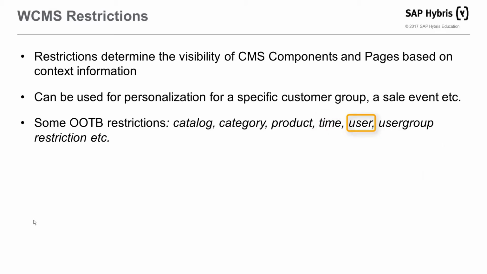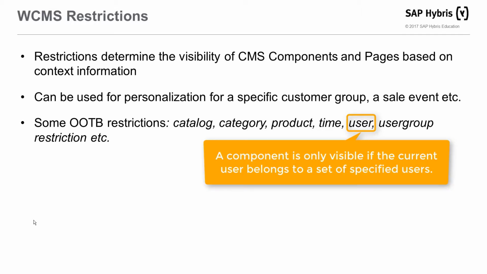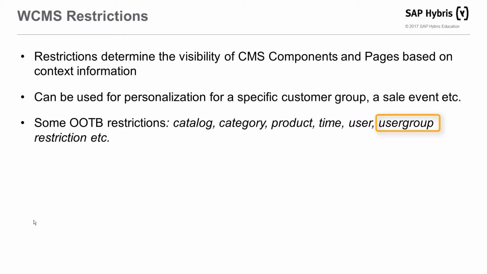A user restriction can limit a component or a page to only be visible to certain users. A component or a page having a user restriction is visible only if the current user on the front end is in the set of specified users. If not, the component will not be shown or the page will not be found. A user group restriction can limit a component or a page to only be visible to certain user groups.